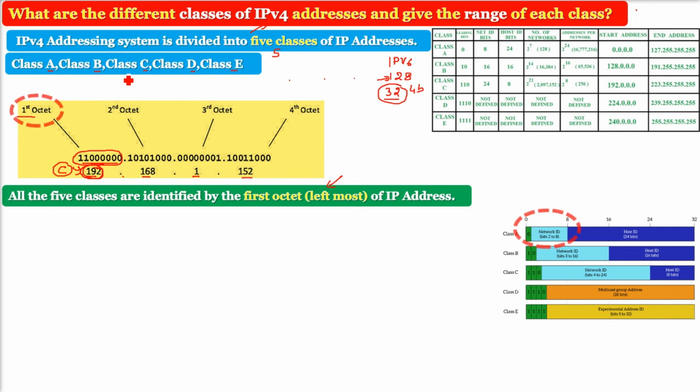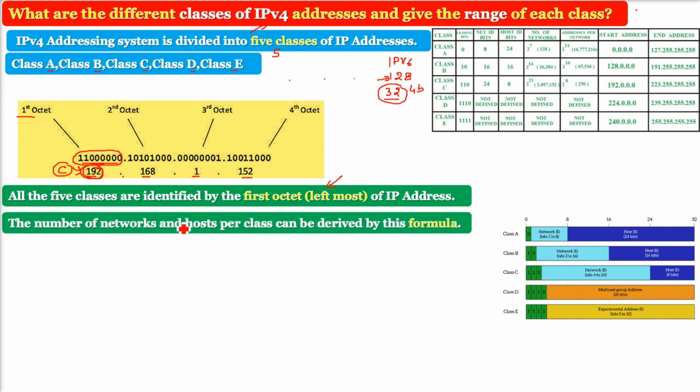This class A to E, please understand, all depends on the first octet. Now for example, we have the IPv4 32-bit address. Assume that you are sitting somewhere. You are a host. There will be some other person in your network. He is also a host. And you are in a network, there may be multiple hosts.